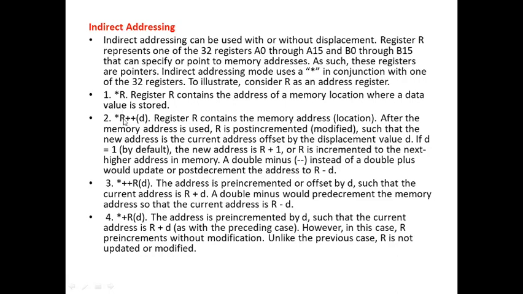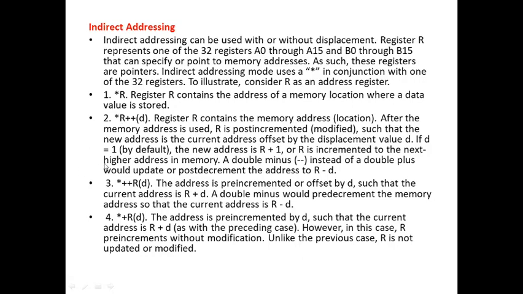So star R plus plus indicates that register R contains the memory address location. After the memory address is used, R is post-incremented such that the new address is the current address offset by the displacement value of D. So R plus plus of D: the value in D specifies how many memory locations register R is displaced.